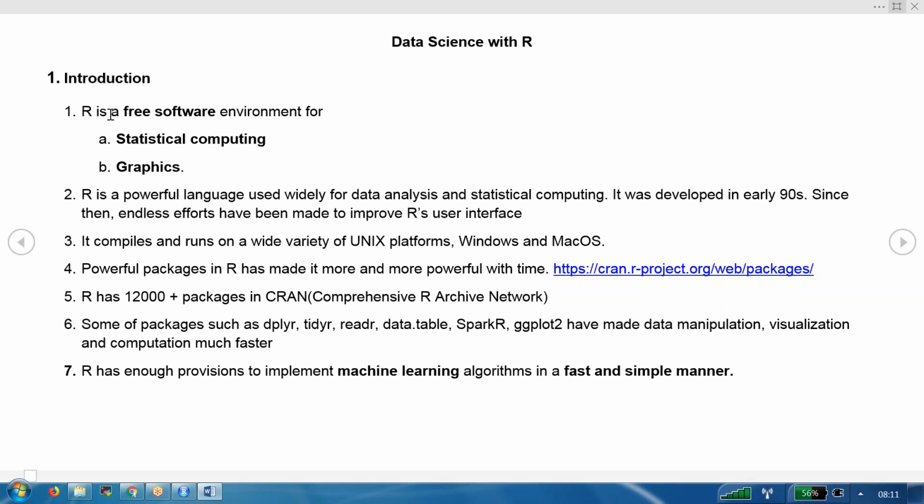The first point here is the introduction: R is a free software environment for statistical computing and graphics. The first important point is that it is free.